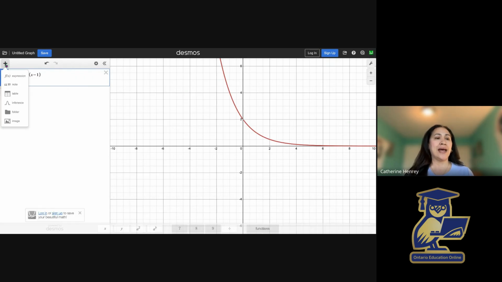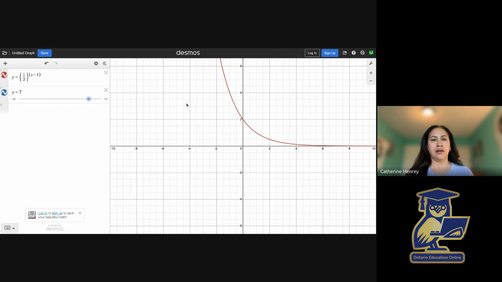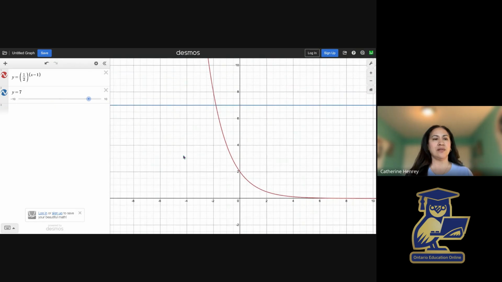Now we're going to add the other side of the equation, which was just y equals 7. We don't quite see it, but y equals 7 is up here. Now we can see that they will equal each other right at the intersection point.